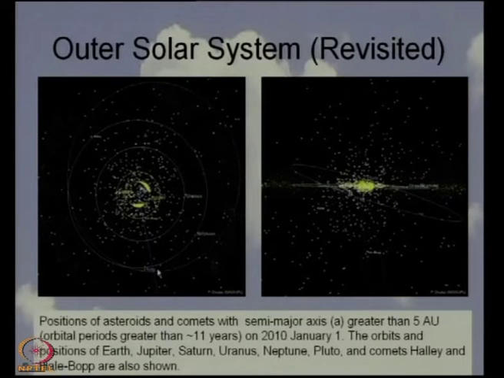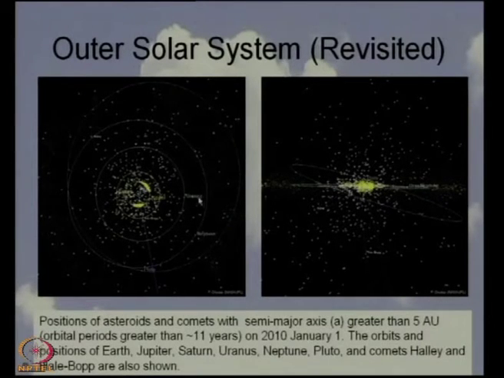So, beyond Neptune you have this belt of asteroids. Pluto's orbit, you can see, goes around like this, quite far away.